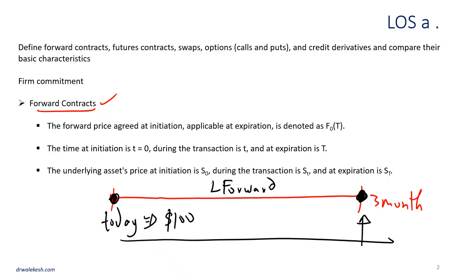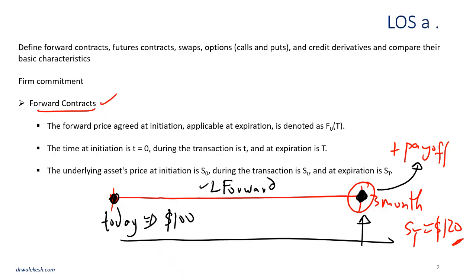It is also worth noting that I, as a long forward, will have a positive payoff if the stock price at expiration, that is ST at expiration, is, let's say, 120 US dollars.